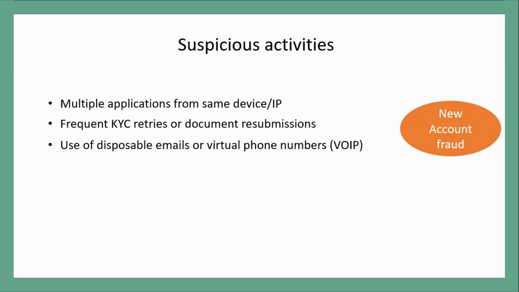If identity is hidden, it is not coming out, then it becomes more like a disposable email. Similarly, if someone is not giving a proper mobile number and using a virtual phone number, a VoIP number, which can be misused and cannot be used to track the location from where it is being operated, then it becomes suspicious.